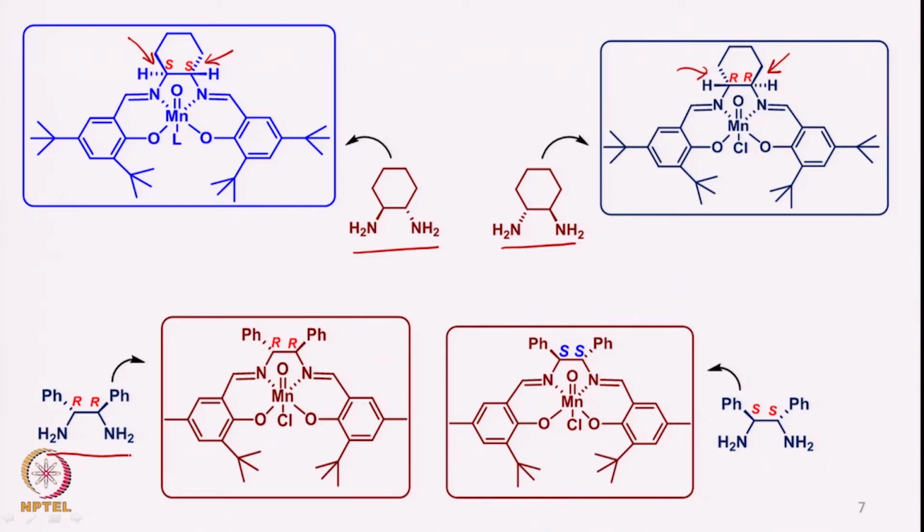So again we have two possibilities. We have here RR giving us this complex and SS giving us this particular complex. So these are the four different types of oxo complexes that have been employed in the Katsuki-Jacobsen epoxidation. Of course you can see that substituents could be different, like here they have put two methyls and then you have a tertiary butyl, but in this case there are tertiary butyl.